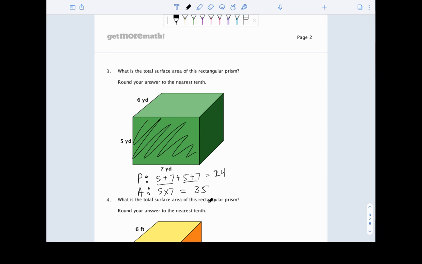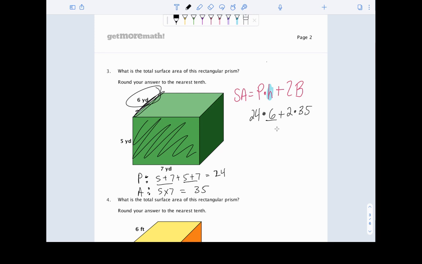Time for my formula. Okay, so the perimeter is 24 times the height plus 2 times the base, which is 35, and that height is the only one I haven't used yet, and that's 6.